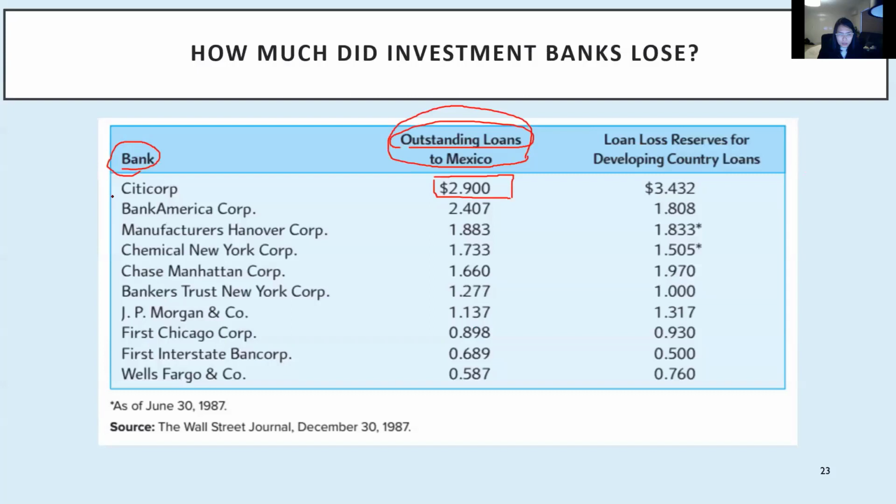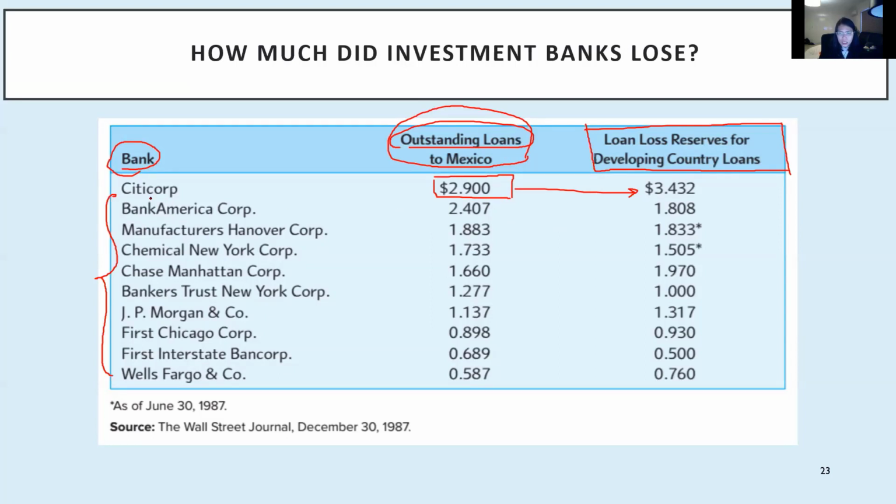If you notice, most of these are American banks. That was because the Latin American countries were closest to America, so they tend to borrow from the US banks, okay? Now, if we compare the size of their loans to Mexico to the reserve that they put away to buffer against their developing country portfolio, we will see that the loans to Mexico alone basically eat up all of their reserve, okay?